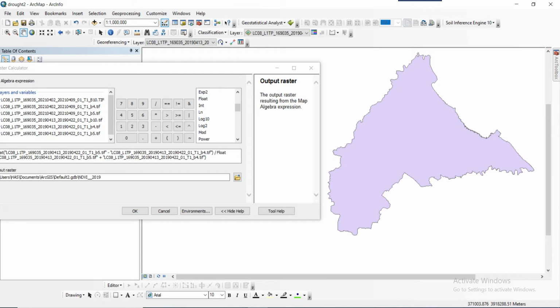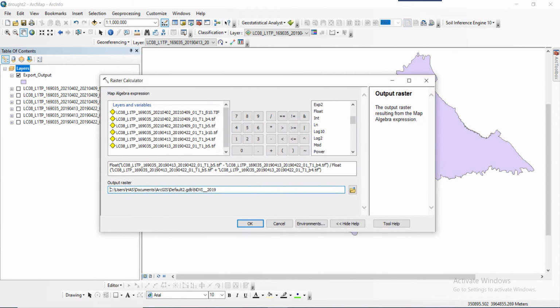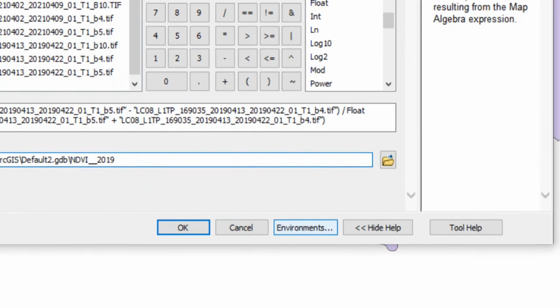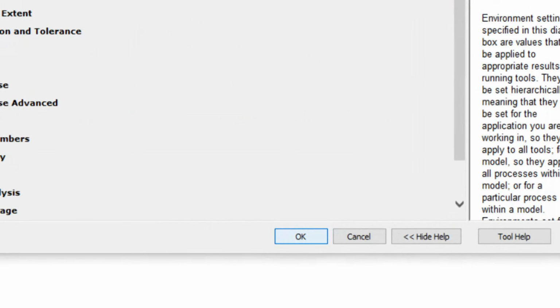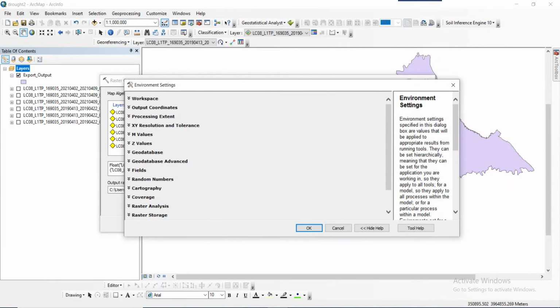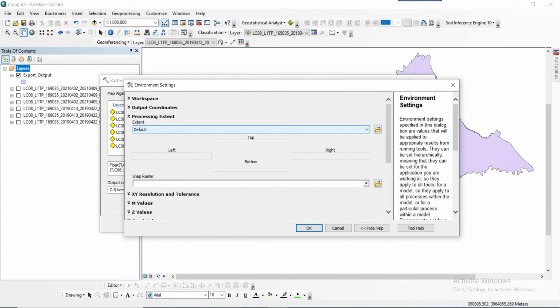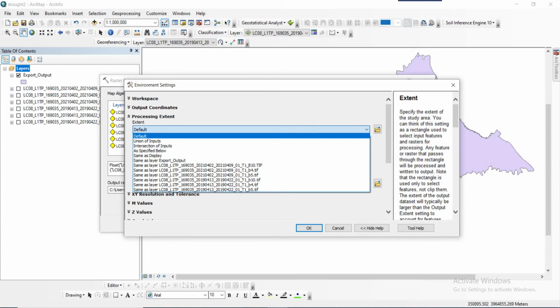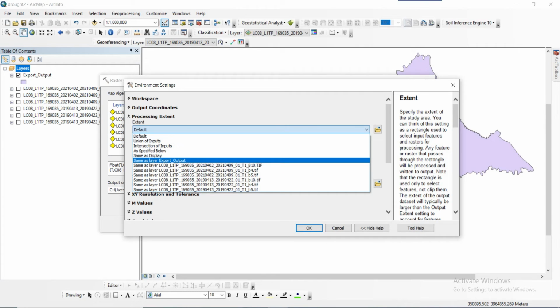So we're going to clip this to fit the study area, to make the process quicker and tidier. For this purpose, we go to the Environments button right here, then to Processing Extent, choose our file from the default options, same as layer export output.